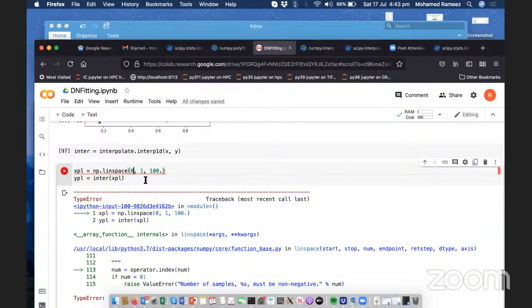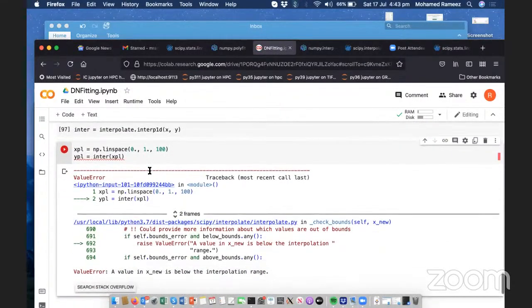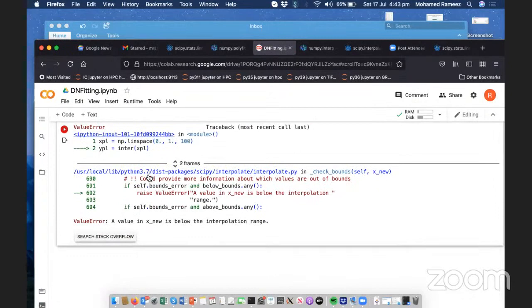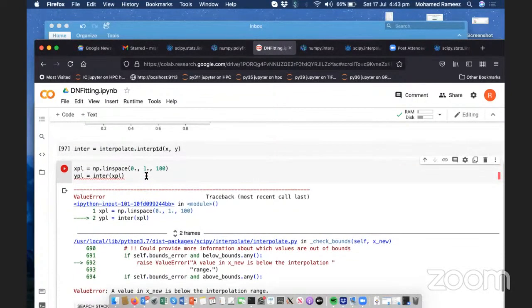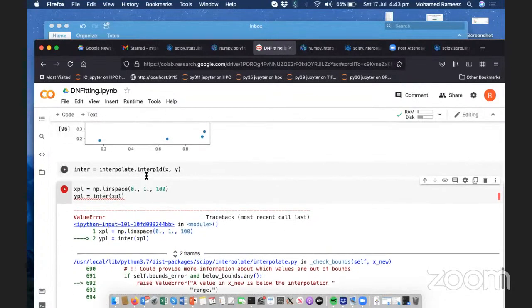Of course, this should be an integer, and I was giving it a float, and it can't convert. Oh, come on. Below the interpolation region. Of course, 0.1, 0.